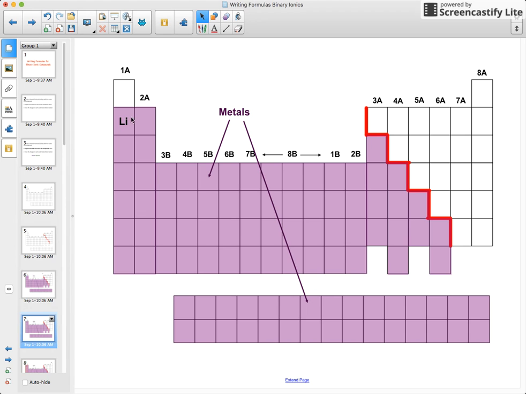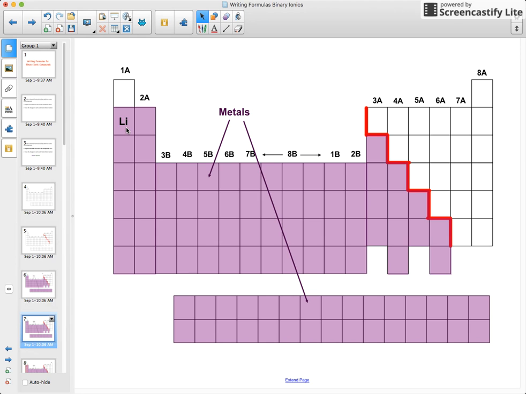Let's locate our lithium element. Here it is right here in this square. Lithium has the atomic number 3. And since lithium is in group 1A, and we know that metals that are in group 1A, alkali metals, like to lose one of their electrons so that they end up with an electron configuration that's like a noble gas.